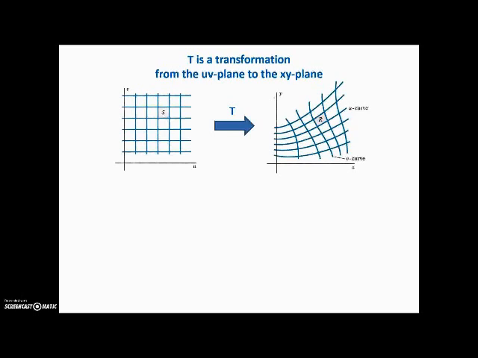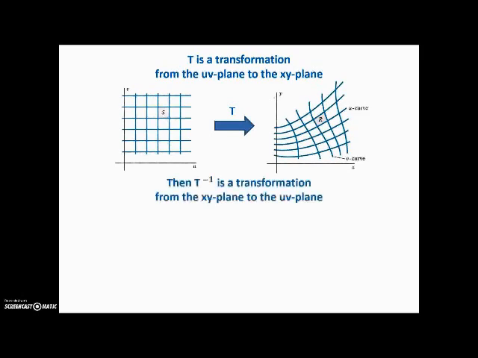The horizontal and vertical lines on the uv plane become curvy lines on the xy plane, and the region S becomes a curvy region R, which is neither, in this case, vertically nor horizontally simple, and so it would be hard to integrate over this region for that reason.